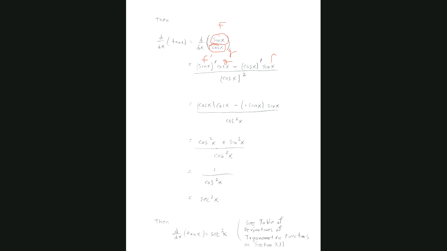So the f times g prime, I have it a little bit, it's still mathematically correct, okay? I would have normally put sine of x times the cosine of x prime. I would have reversed the order, but I just had it that way. And that's okay.